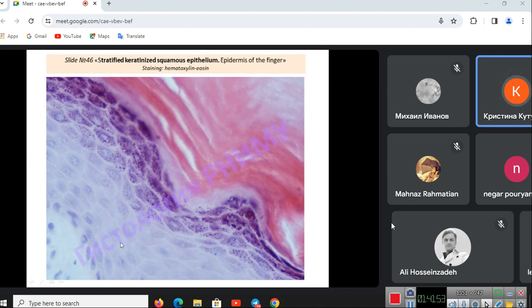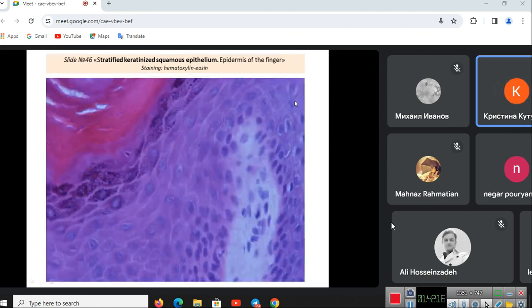Stratum basal, stratum spinosum with pale cells. Next goes stratum granulosum, where we see the keratohyalin granules in cytoplasm of the cells. Next goes the stratum lucidum, and all the rest stratum corneum. The same as here.